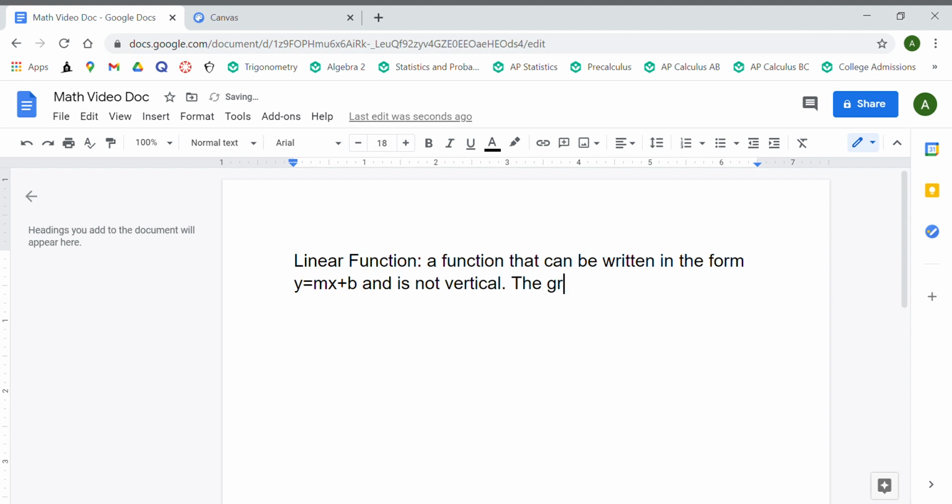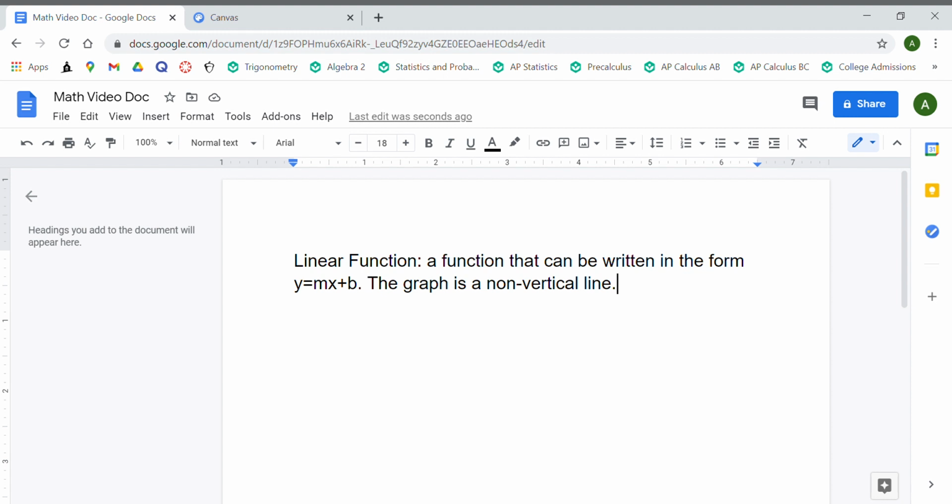The graph is simply a non-vertical line. Alright, so a linear function has an input x and an output y. The line is the graph.